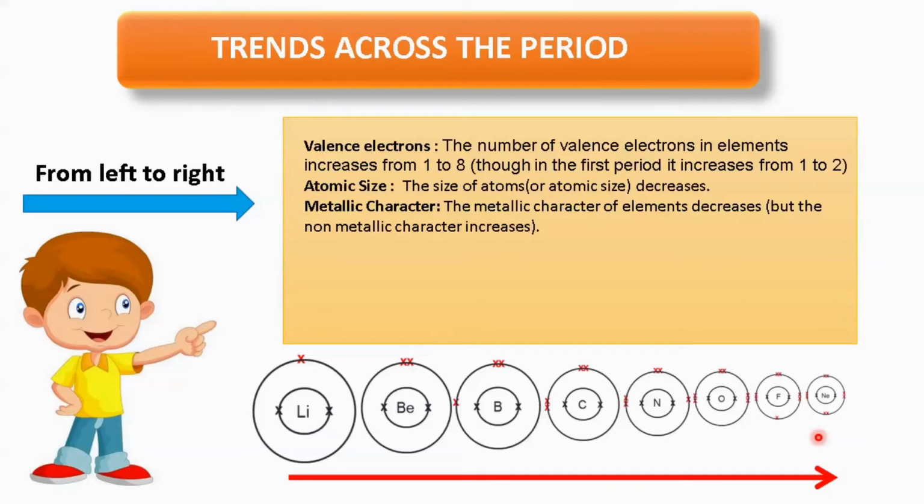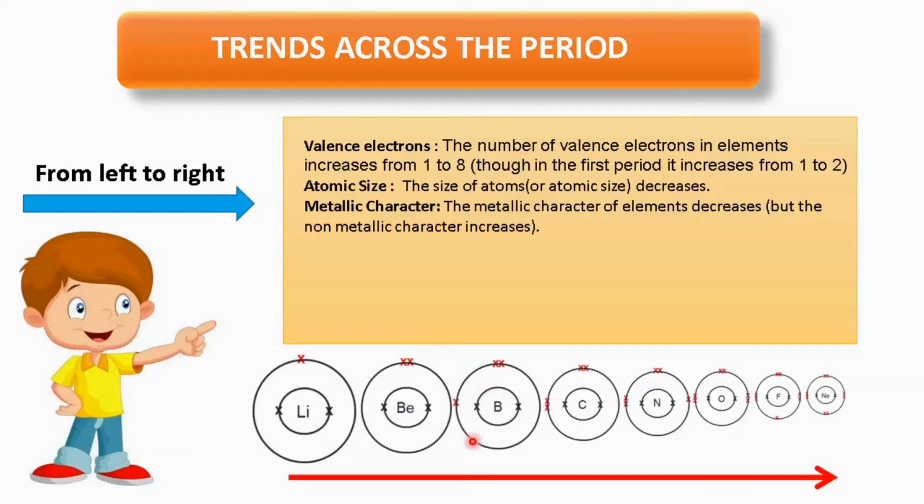Next I will be discussing the metallic character. Basically, metals have the ability to lose electrons easily. As we move left to right, the metallic character decreases because the ability to lose electrons decreases.